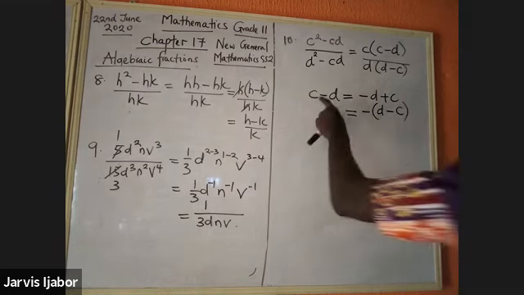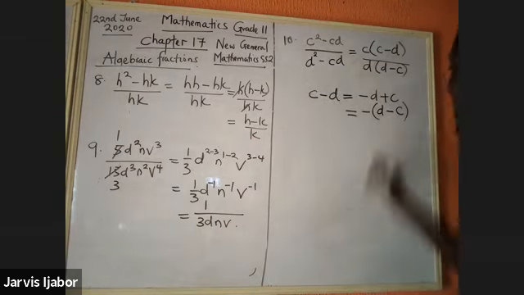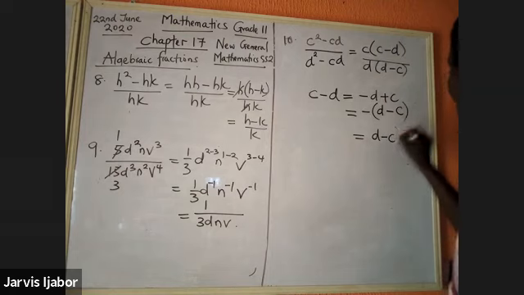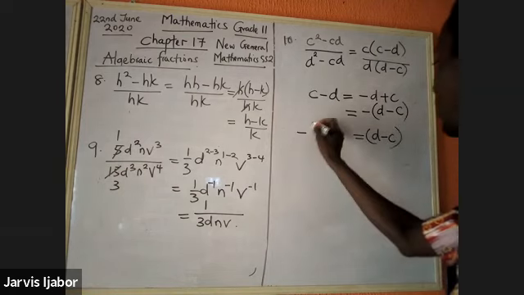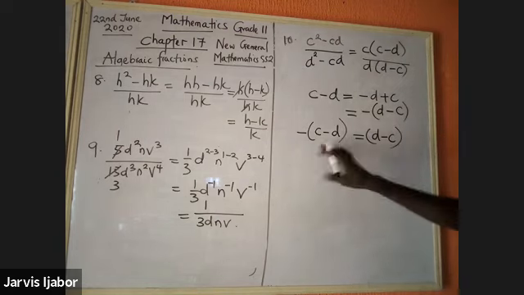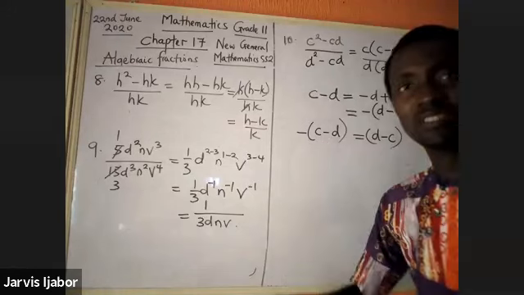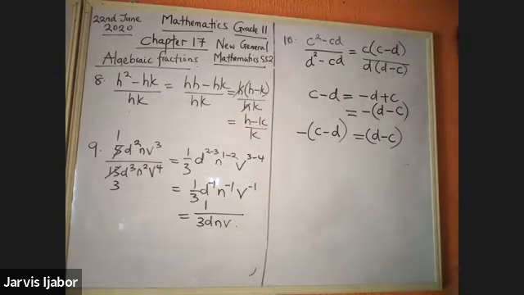So if the positive of this gives me the negative of this, it means that d minus c will be equal to minus into c minus d. I need you to take a look at this very well, because I am going to see it repeat itself in the course of our solution of problems.